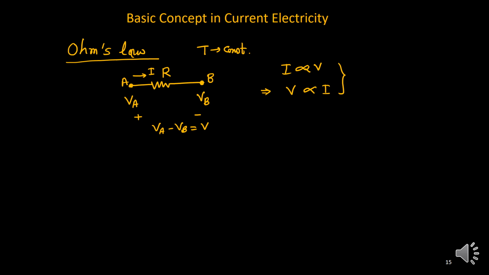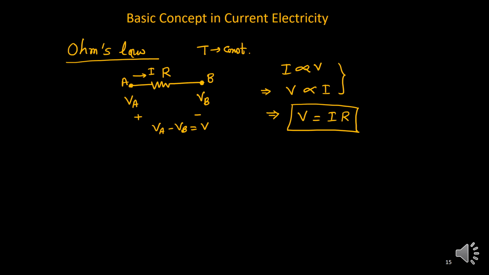In that case, V is proportional to I, so we can write V equals I times R, where R is the resistance. This is the important formula to relate voltage and current in a resistance. It is very simple.